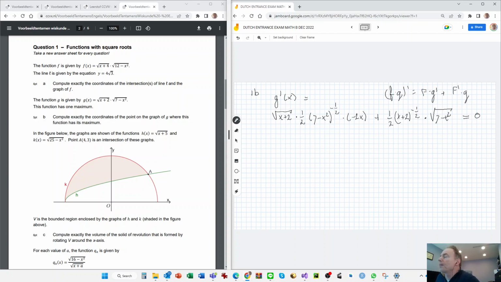Well, let's simplify this a little bit. These 2s here drop, then I get the square root of x plus 2. It's a little nasty, but it is what it is. I have some lag in my pen as usual.